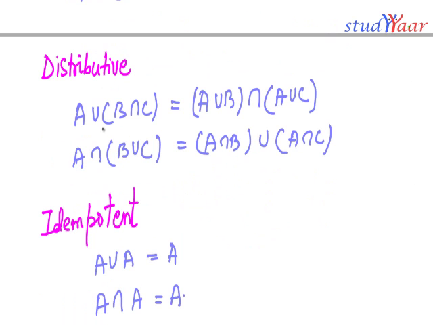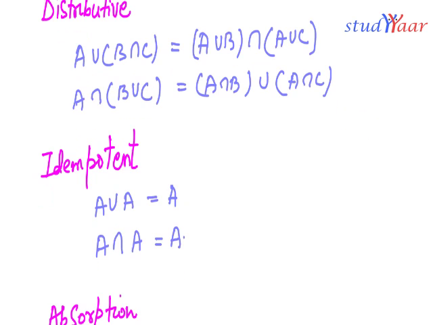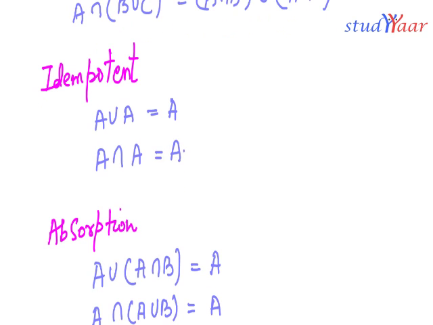Then the distributive law is again the same as the distributive law of propositional logic. A union B intersection C is equal to A union B intersection A union C, okay? And the other variant of this is obviously a dual of the above statement, as we already know from propositional logic.